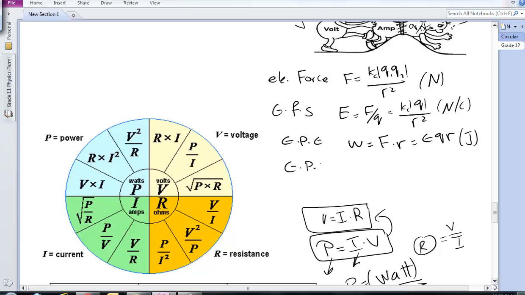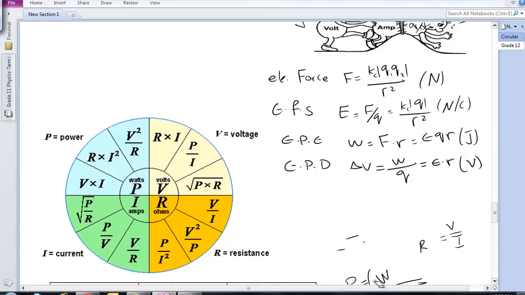Electric potential difference, sometimes we call it voltage, which is delta V, equal to W over Q, because you need to know how many joules per coulomb are needed to move the charge in an electric field, which is E times R, and measured in volts. And finally, you have V, the Ohm's law.